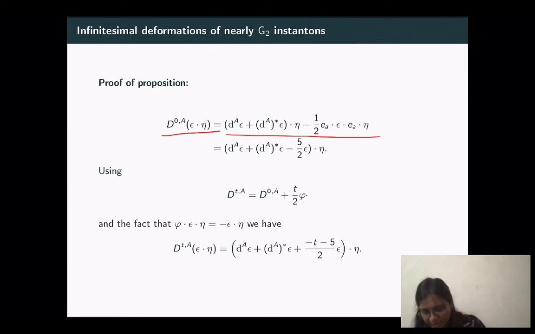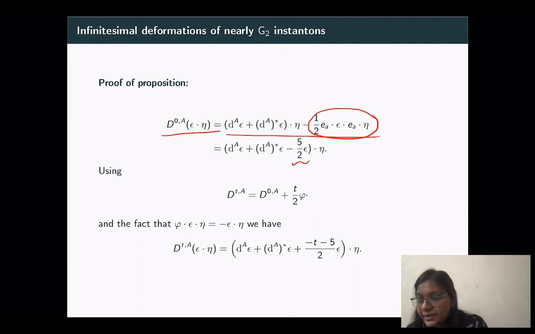So you can just break up the nabla within epsilon and eta, and you will get these two different components. This thing you can compute using basic properties of the Clifford multiplication, and for 7 dimensions, since epsilon is a one-form, you get that this is minus 5 over 2 epsilon dot eta.